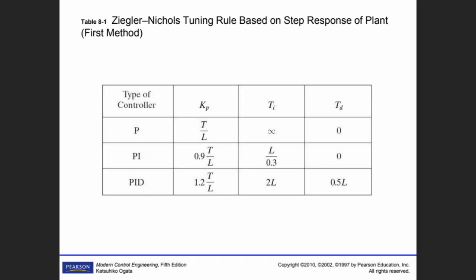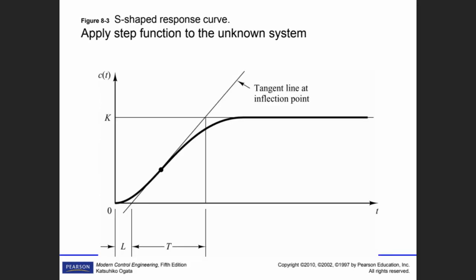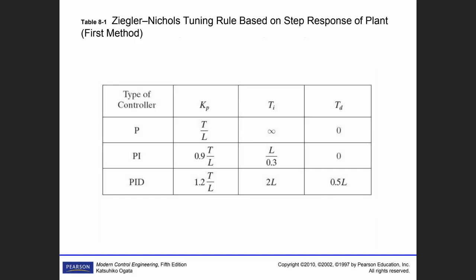For PID, whatever you measure, L and T here, of course you might use simulation as well. Then you obtain 1.2 T over L, 2L, 0.5L.